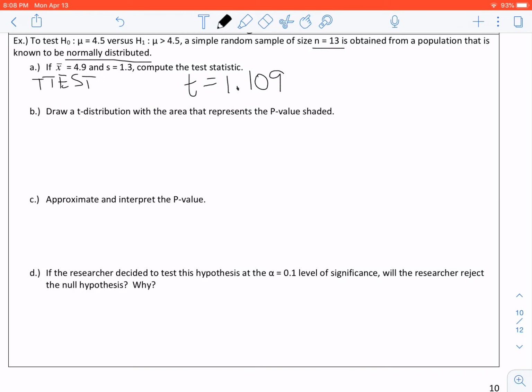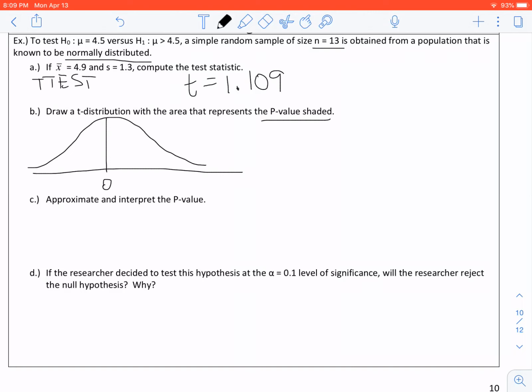Part B says draw a t-distribution with the area that represents the p-value shaded. So drawing our normal distribution, that is a little bit wider because that's what a t-distribution is. And it says the area in the p-value is shaded. So again, with the t-distribution, that's zero in the middle.